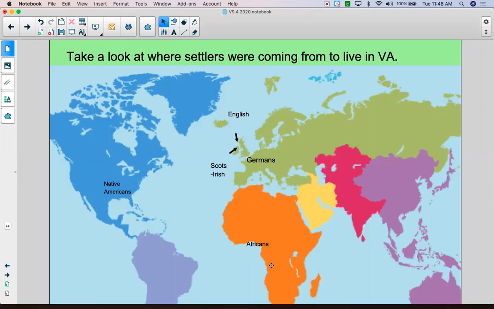Down at the bottom in the orange, Africans came from there. And then if you look at the top, you have your Germans, Scots-Irish, and then your English. All four of these groups had to travel all the way across the Atlantic Ocean to get to Virginia.